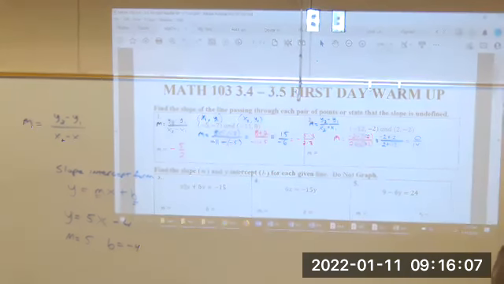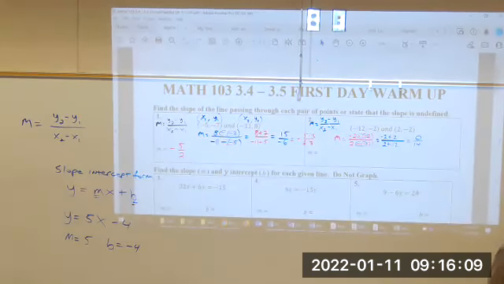Zero divided by any number versus a number divided by 0. Think about it. Hopefully, your entire mathematical career, you have been told you cannot divide by 0. You cannot divide by 0.